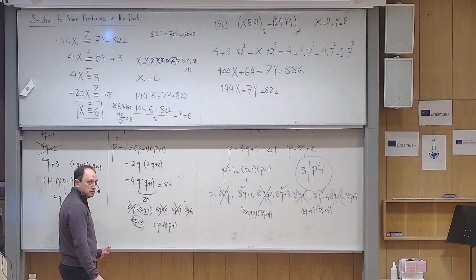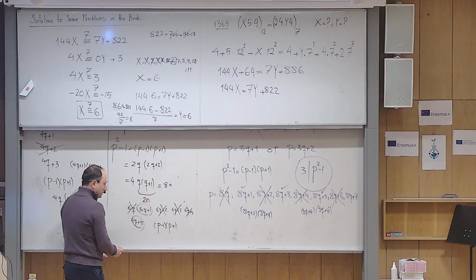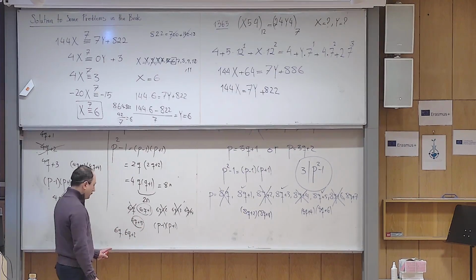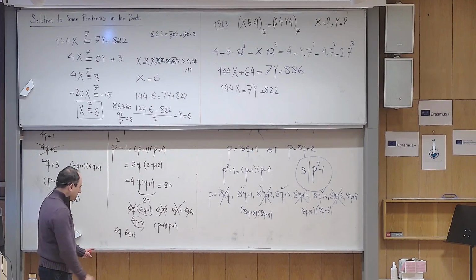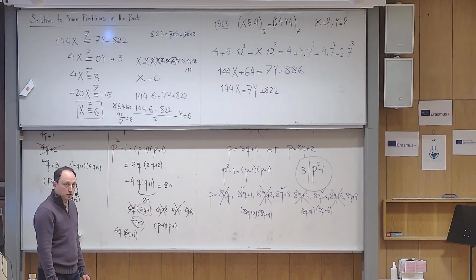Well, we didn't do the conjugate pattern even. But it doesn't matter. Let us take this one. This gives you 6q, and then this gives you 6q plus 2. What do you have as a factor here now? You have a factor of 6 and a factor of 2, which is a factor of 12, not 8.